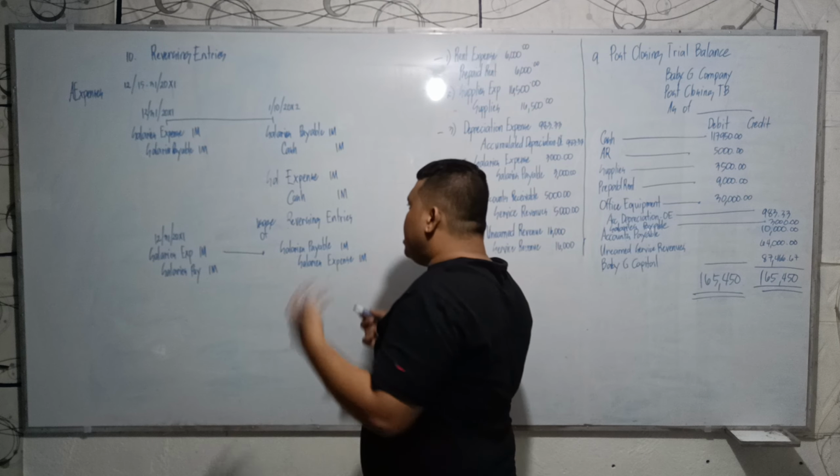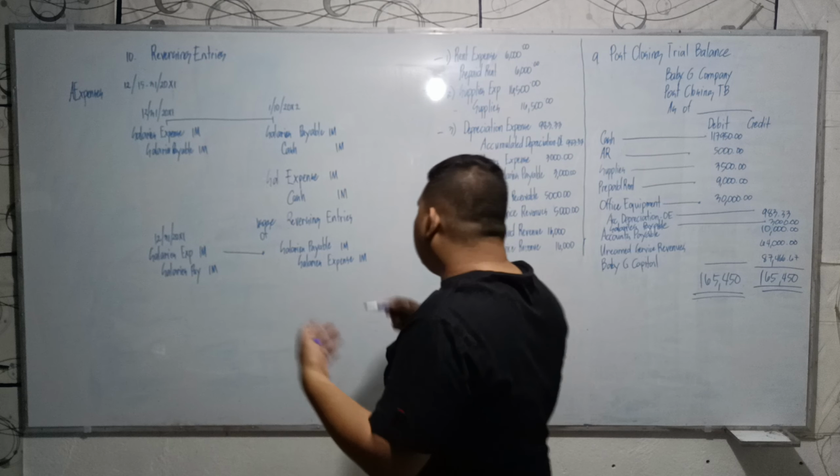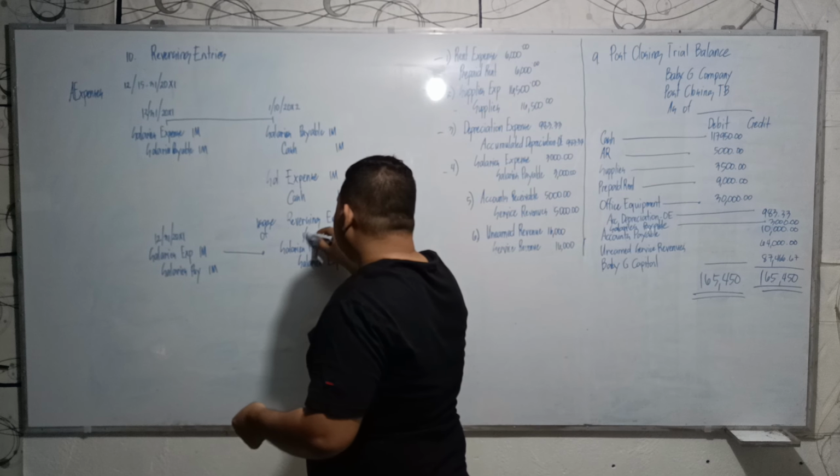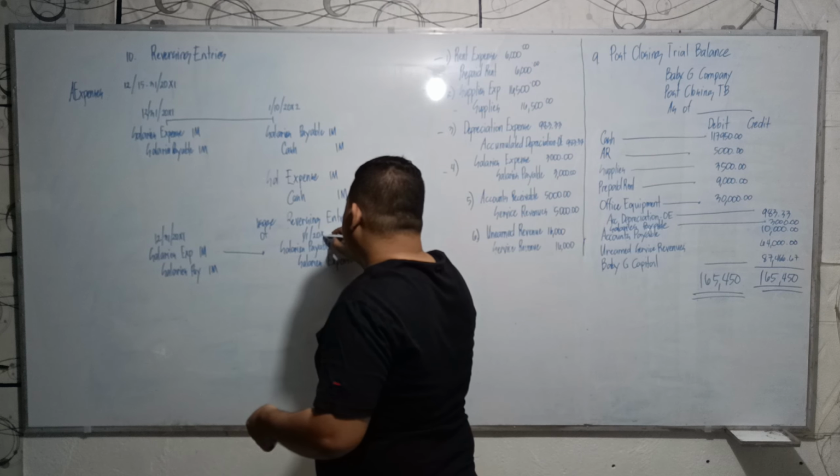Now let's say the payment of the salaries came on January 10. So this is on January 1, 20x2.